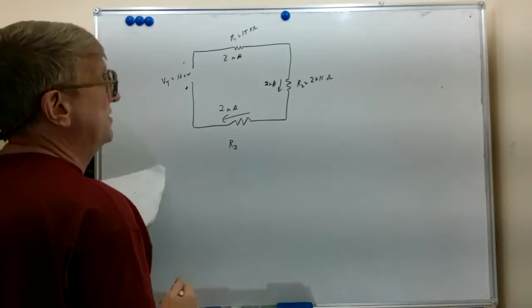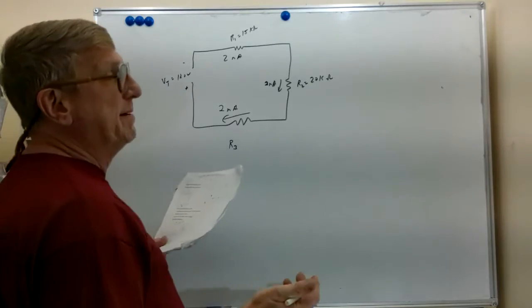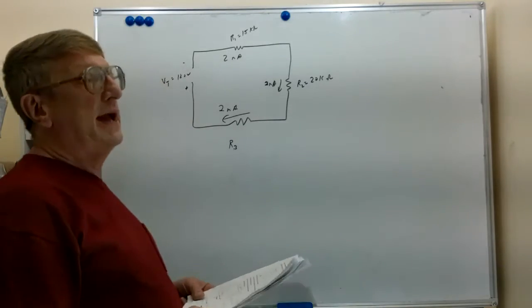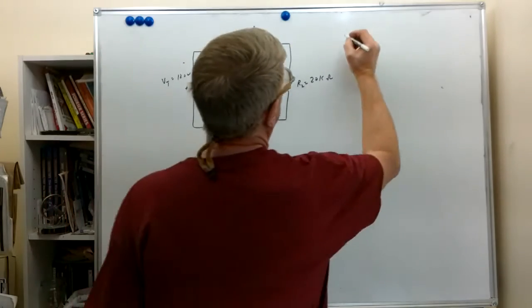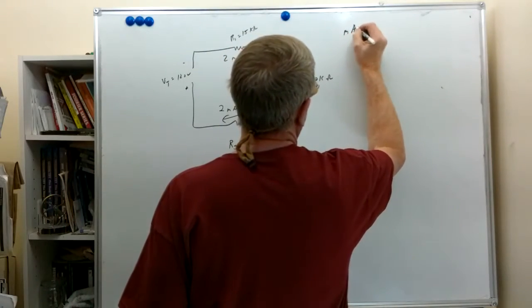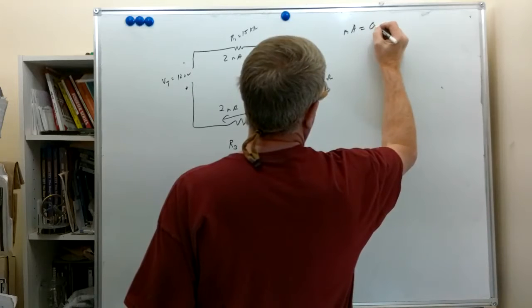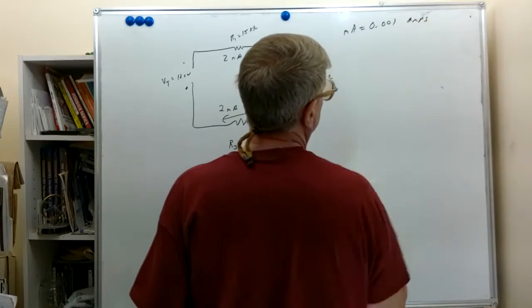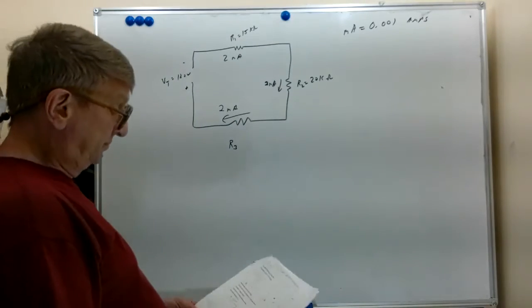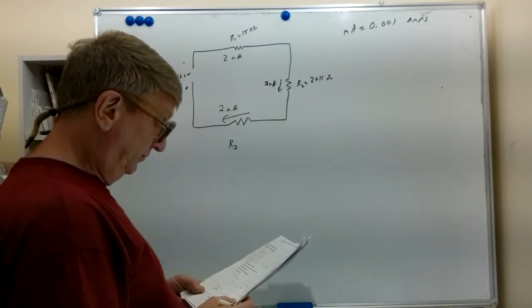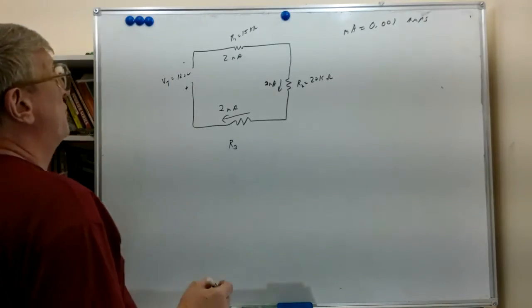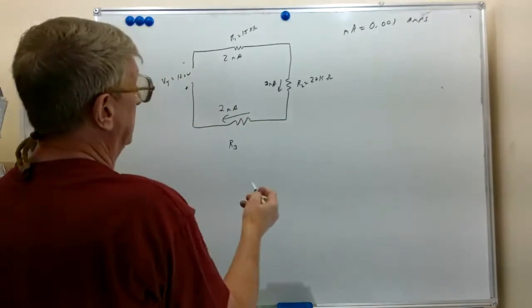And just for a reminder, a milliamp is 1/1000th of an amp, or a milliamp is 0.001 amp. We'll write that up here. Milliamp equals 0.001 amps. So we could solve this two different ways, really.